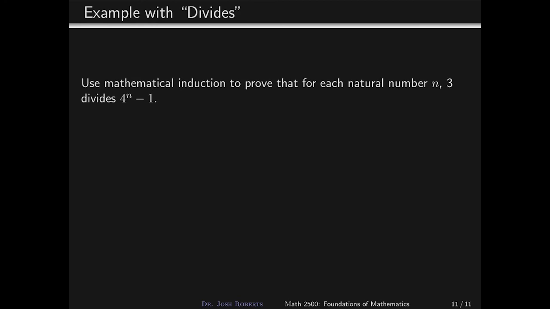Now, before we write out the proof, we're going to do some sketch work for this one because it's not quite as straightforward as the other ones that we've been looking at. Okay, so the sketch work is going to be, I'm going to write down what the basis step is going to look like and what the inductive step looks like, and just kind of get an idea of where I'm trying to go before I get there.